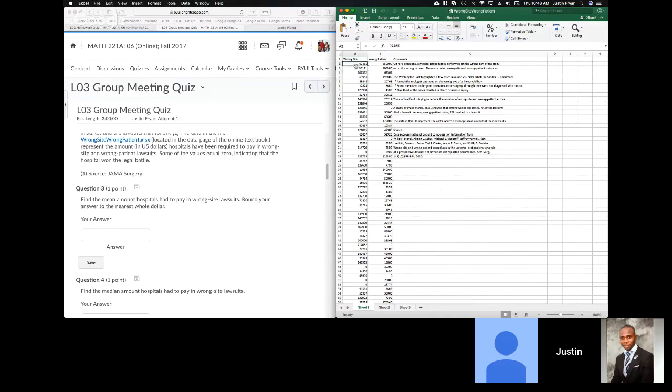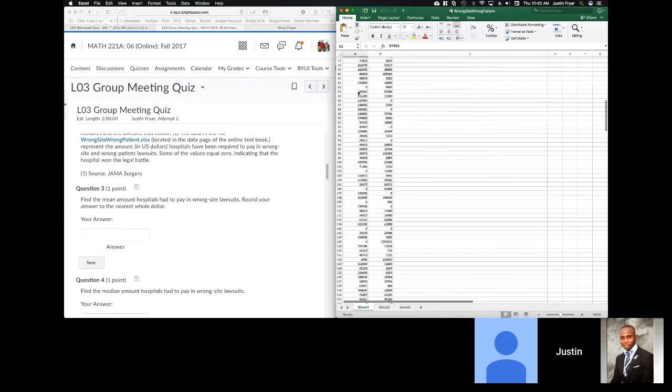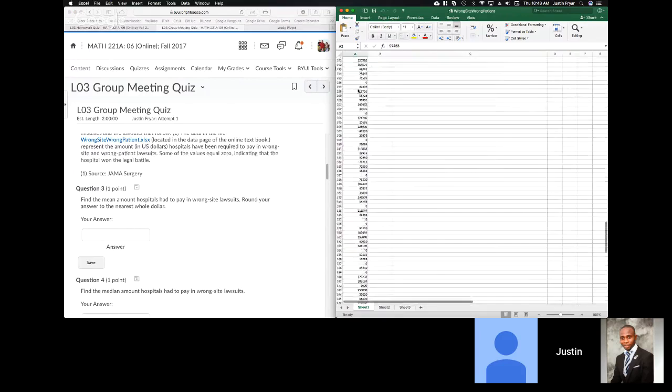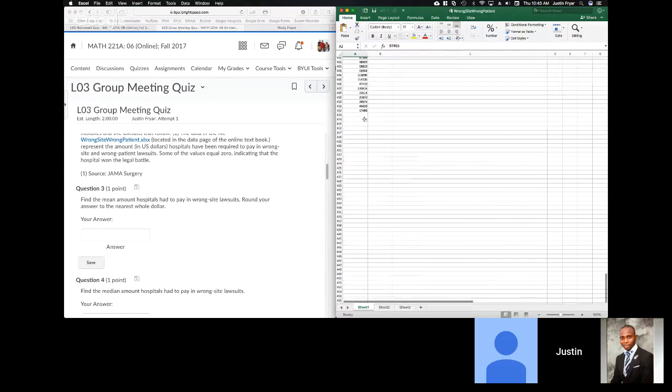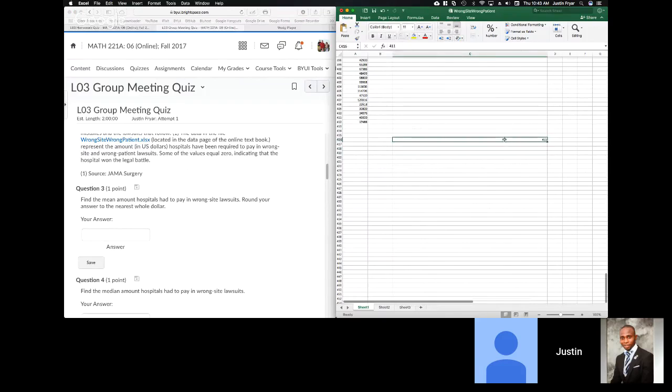That means we need to take the number of wrong site lawsuits. So we have 411 wrong site lawsuits. Are you counting how many numbers are in it? Yeah, so I'm counting all of these. Oh, we're doing the wrong site because the mean is the average.